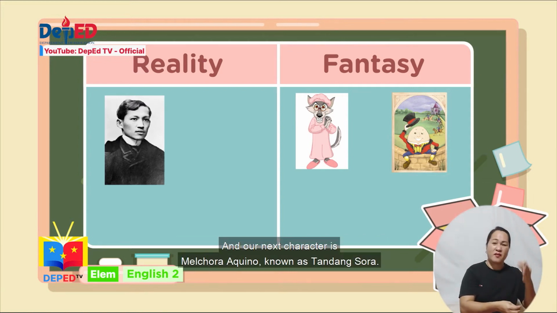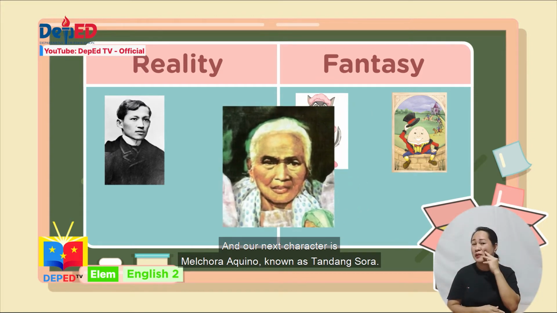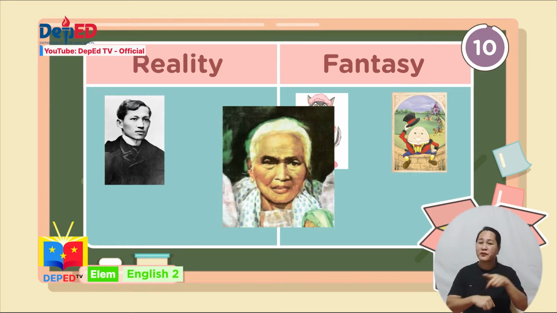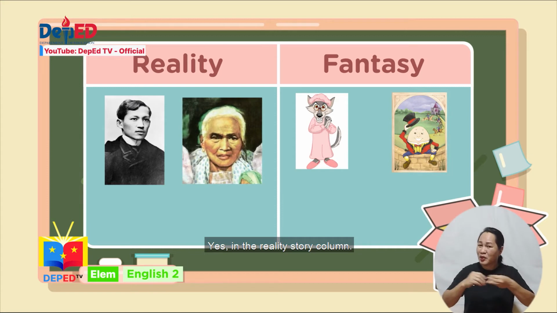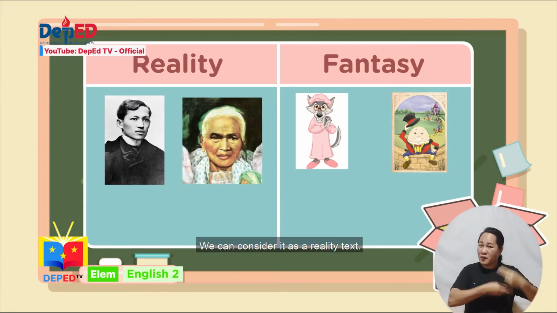And our next character is Melchora Aquino, known as Tandang Sora. She is considered the mother of the Philippine Revolution. Yes, in the reality story column. Since we know of her huge contribution in our history, we can consider it as a reality text.